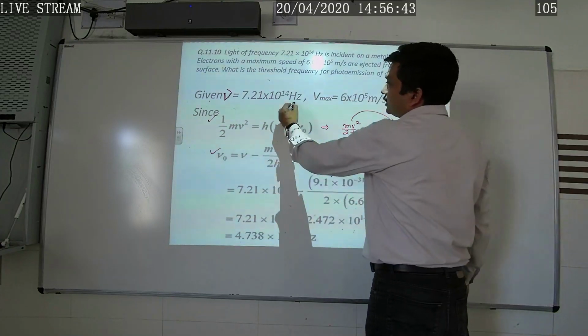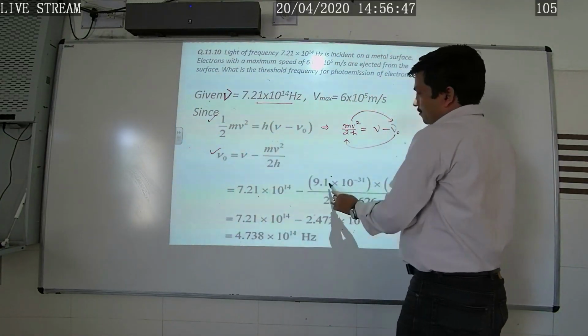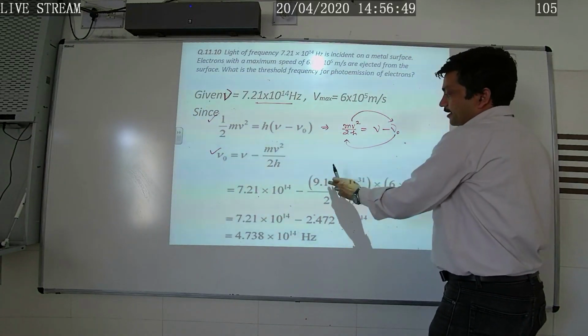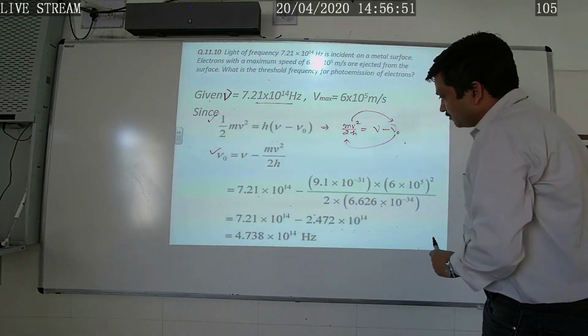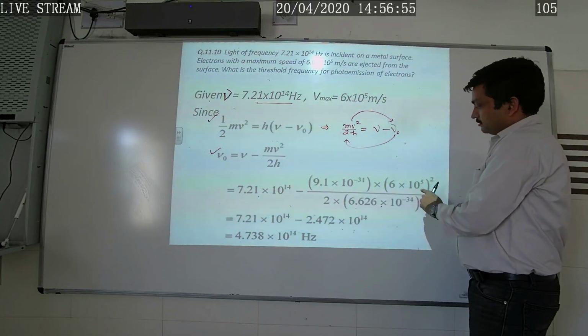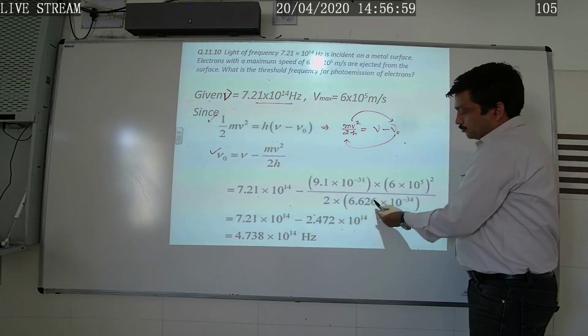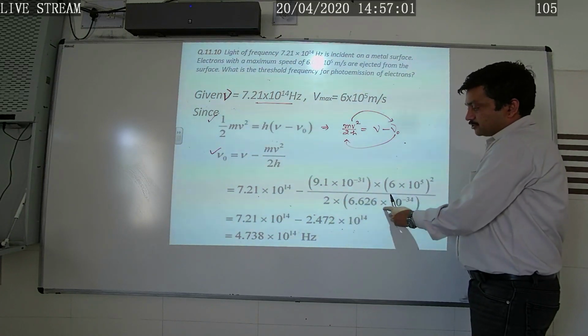Now the frequency is given to us, so putting the value. m is the mass of the electron, we know that it is 9.1 into 10 to the power minus 31 kilogram, and v is the speed, putting v squared, divided by 2 into h, where h is the Planck constant.